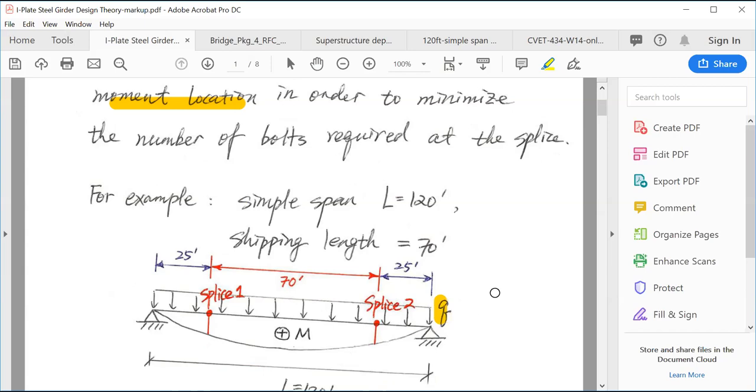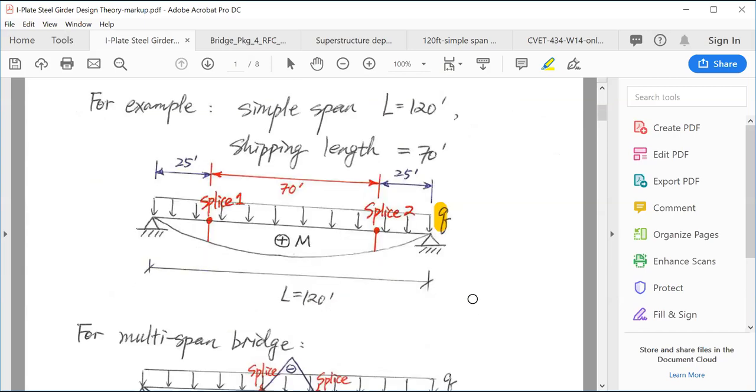We apply a uniform dead load and put this into a structural model. You can either do this by hand or use structural analysis software, for example STAAD. You can just put this beam model into STAAD, put in the span length, apply a uniform dead load, and take a look at the moment diagram.